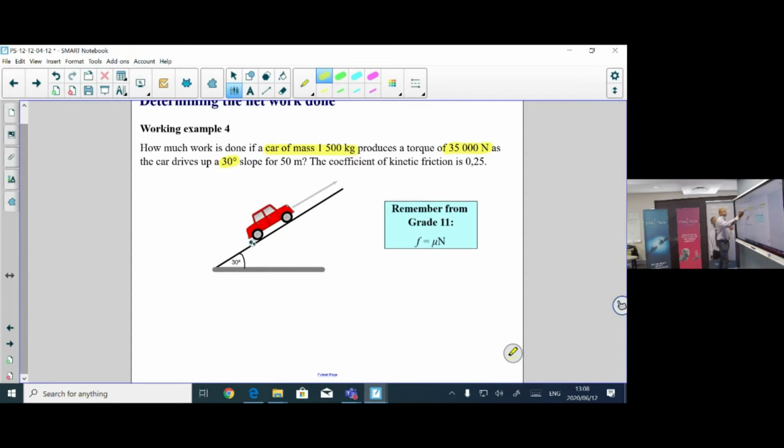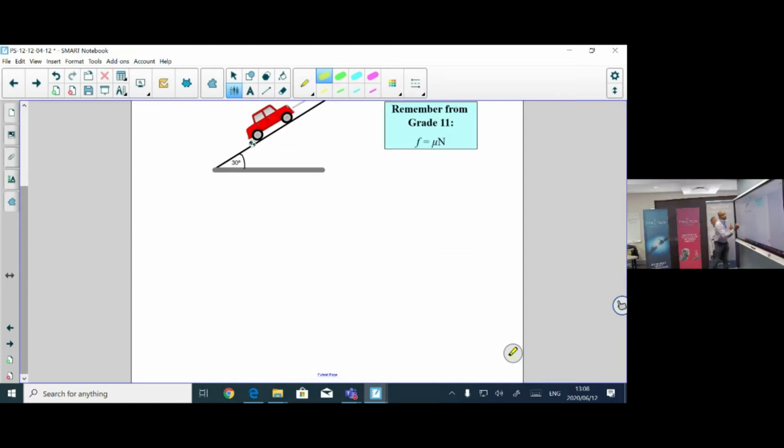And what else? We have displacement, which is 50 meters. And what else? We have been given the value of the coefficient of kinetic friction. This one is a mu.